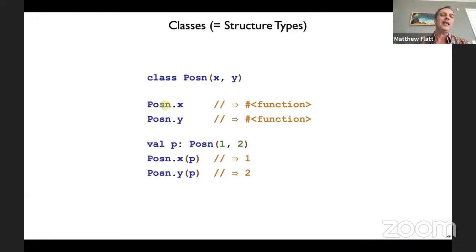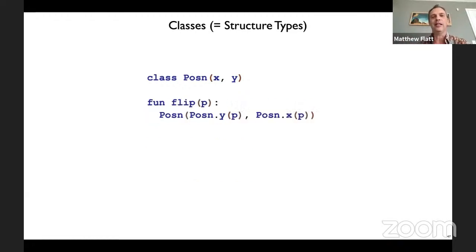It's one name that can be used in multiple contexts instead of binding a bunch of different names like posn-x. So if I have this posn p, I could use posn.x to get the X accessor that's specific to posns and use that to look up the X field in p. So different ways of writing the same thing, although it's not quite the same thing, of course. You can say either of the things that you might want to say.